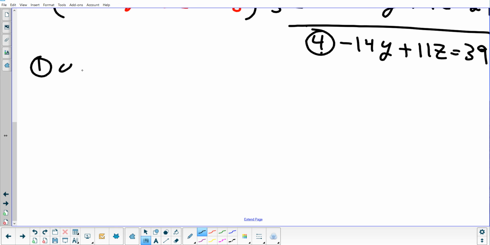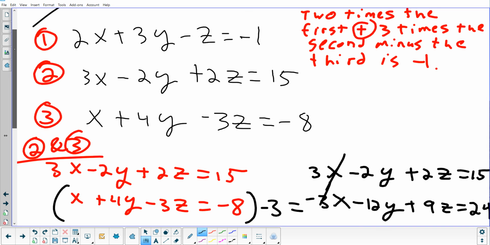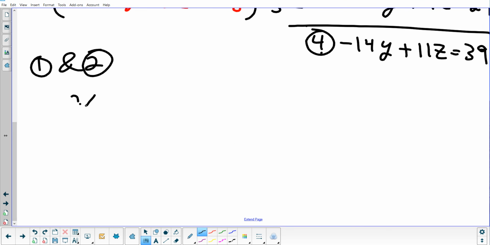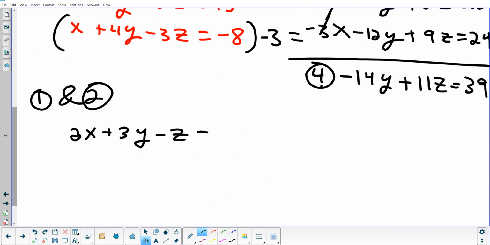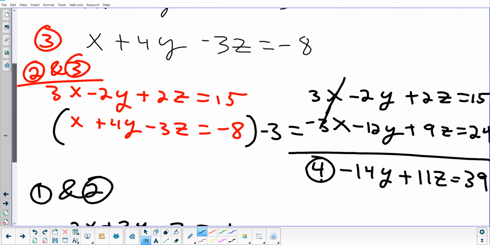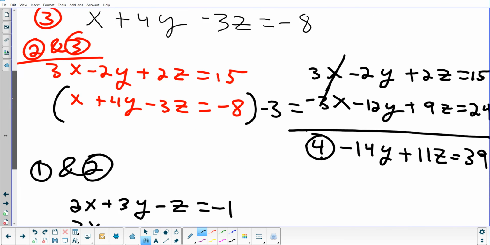So now, let's do 1 and 2. 2x, 3y minus z equals negative 1. And 3x minus 2y, no, whoops.